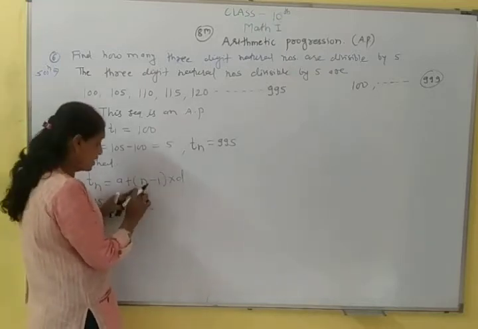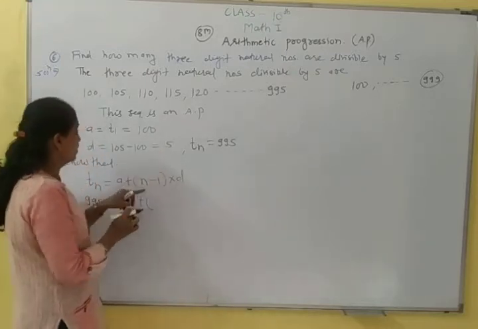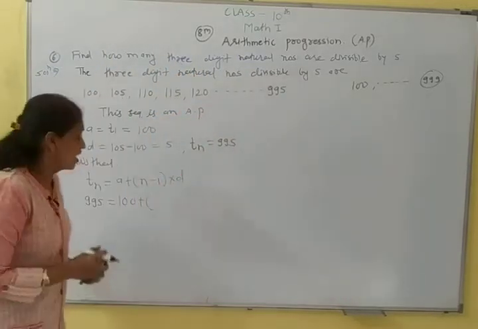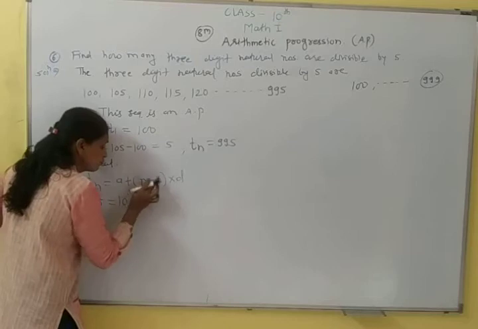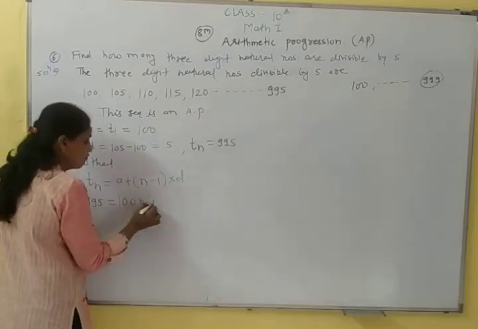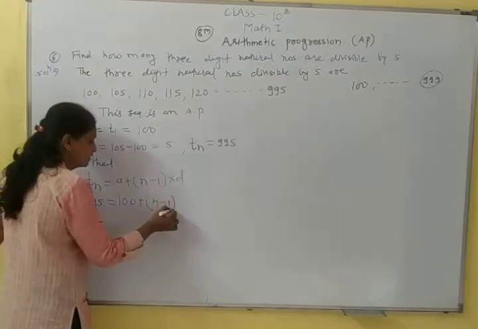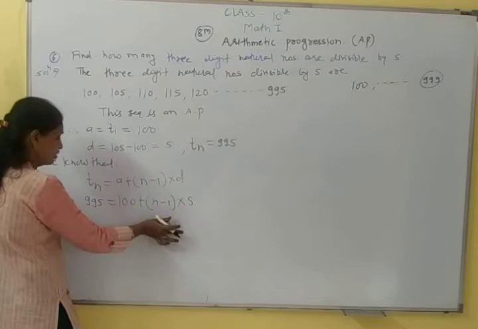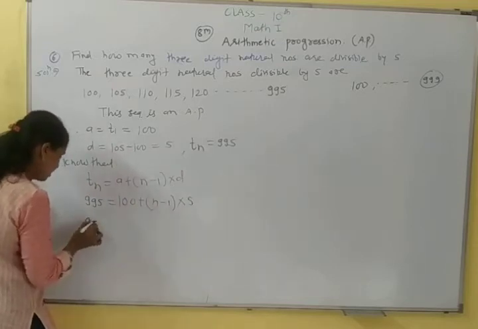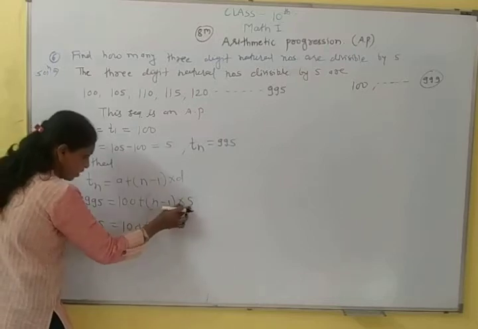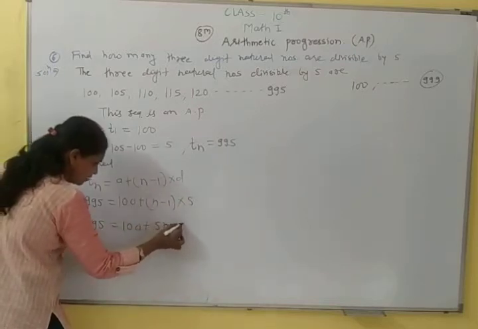We have to find n, which means the number of 3-digit natural numbers divisible by 5. First we solve the bracket: 995 equal to 100 plus 5n minus 5.